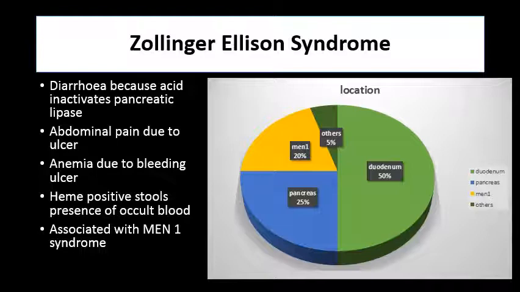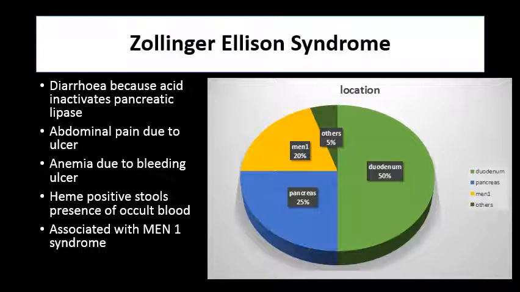Now, half of these, you can see in this pie chart, 50% are located in the duodenum, 25% are in the pancreas, and a small percentage are due to MEN, or multiple endocrine neoplasia 1 syndrome. It's the 3P condition. Why?